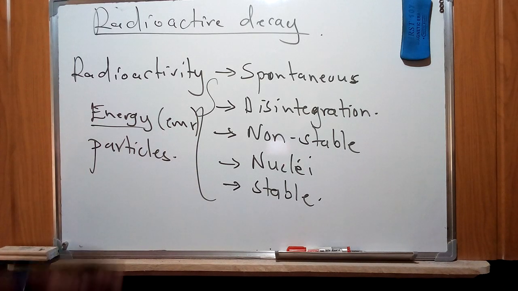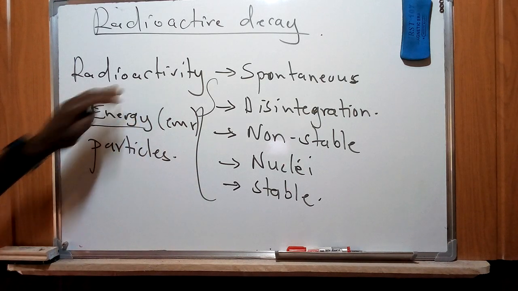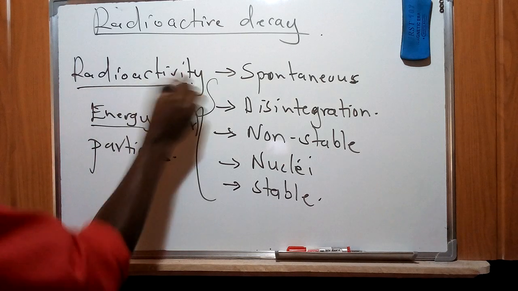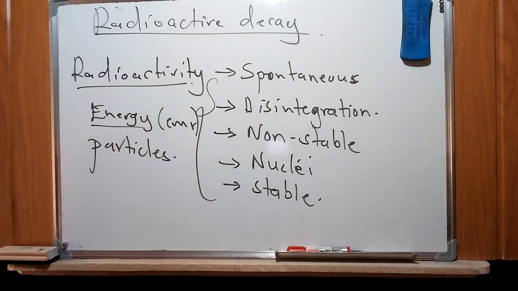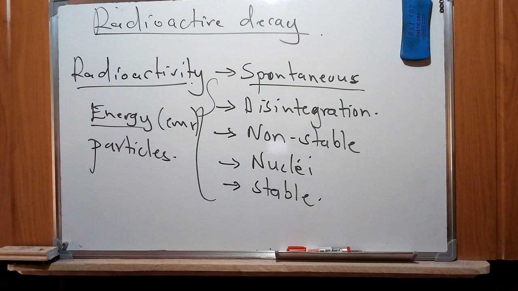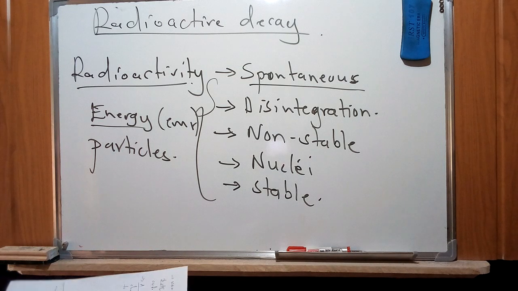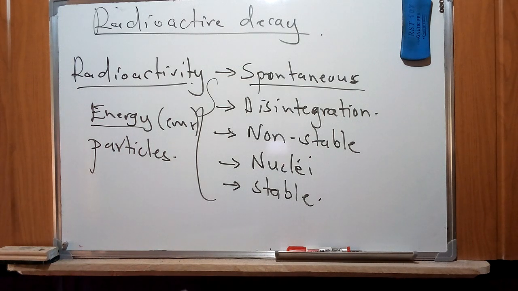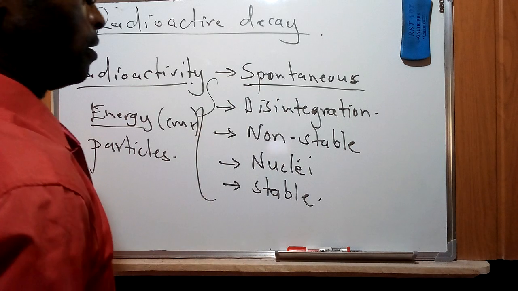In actual sense, when we look at the definition of the term radioactivity, we get some concepts from it. There is an aspect of spontaneity that is mentioned there, which basically means that one cannot pinpoint what nucleus will decay or when it will decay. So that refers to the concept of spontaneity.